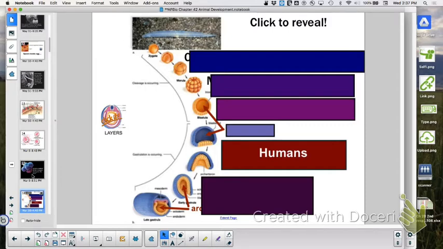An egg that has a lot of yolk would be like a chicken. Here you're seeing a lancelet in the top left-hand corner. It doesn't have a lot of yolk, so the cells can move quite readily.